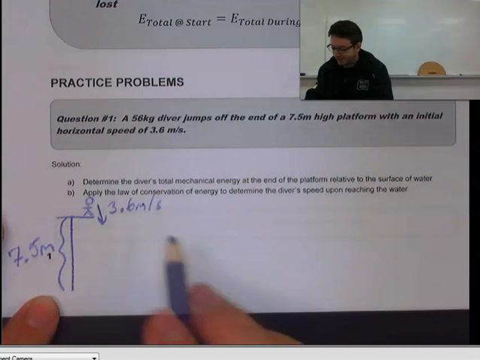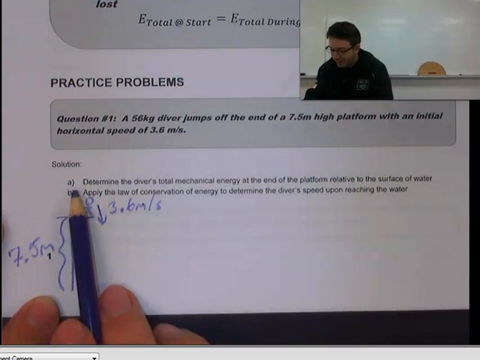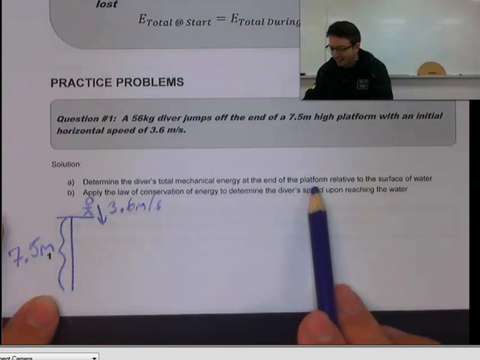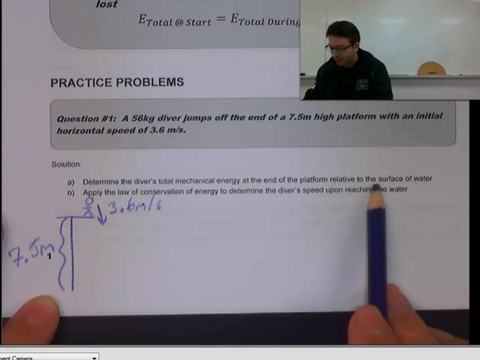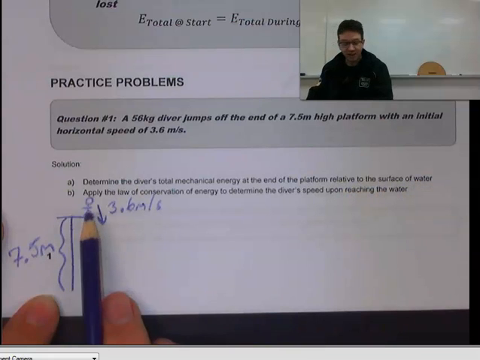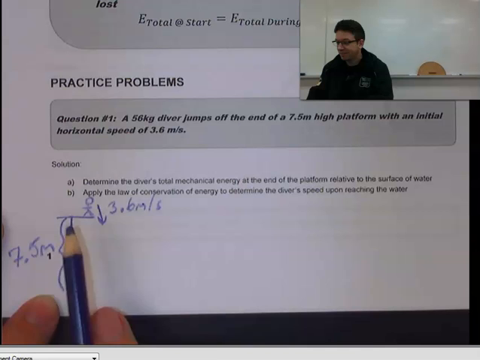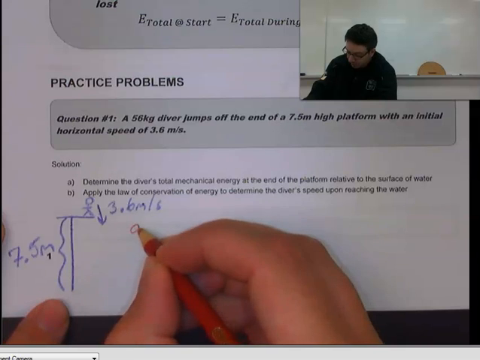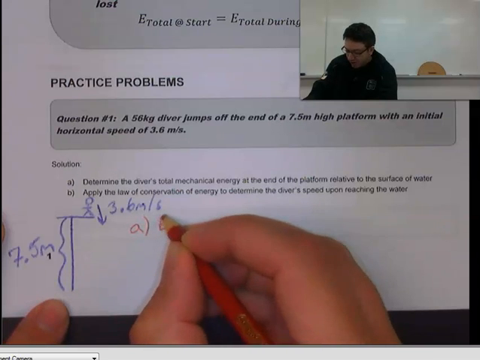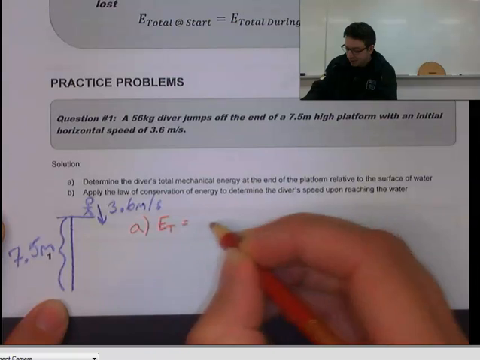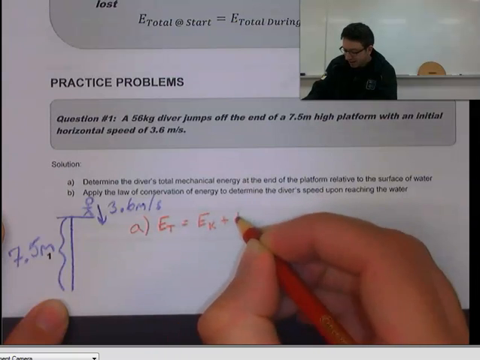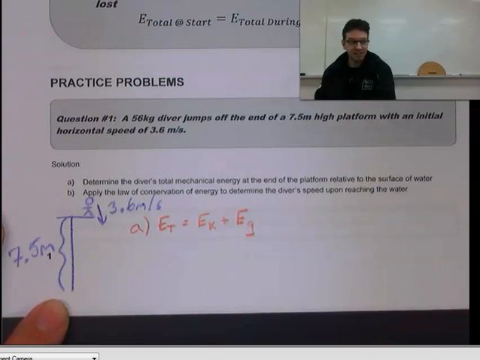Okay, oh, it says horizontal. Still doesn't matter. Part A says determine the diver's total mechanical energy at the end of the platform relative to the surface of water. So right here, we need to figure out the total energy that is available. So let's start by just saying the total energy is equal to all our kinetic energy plus all of our gravitational potential energy.